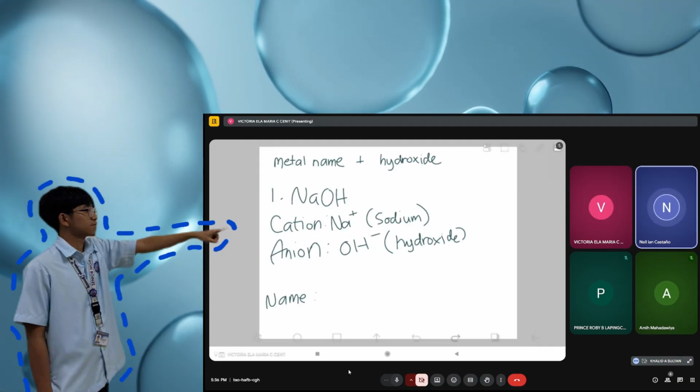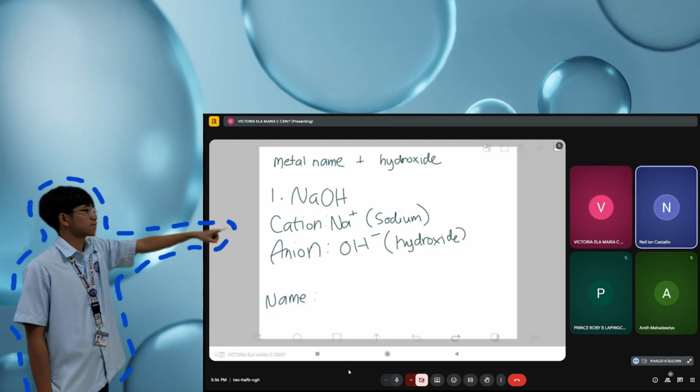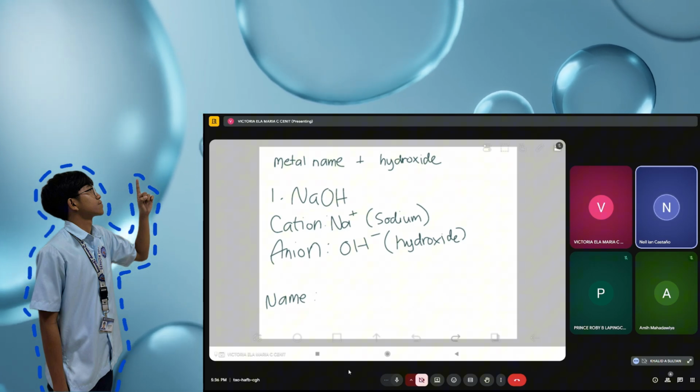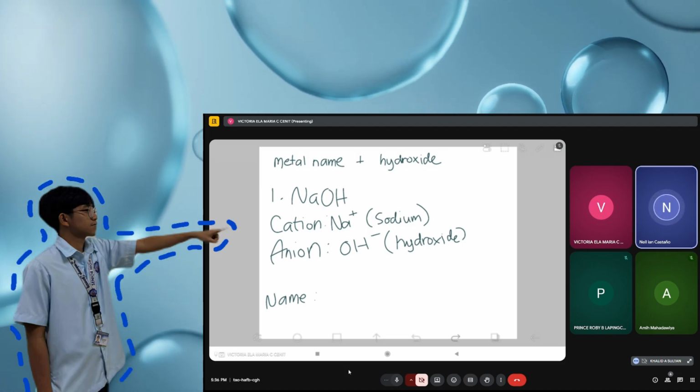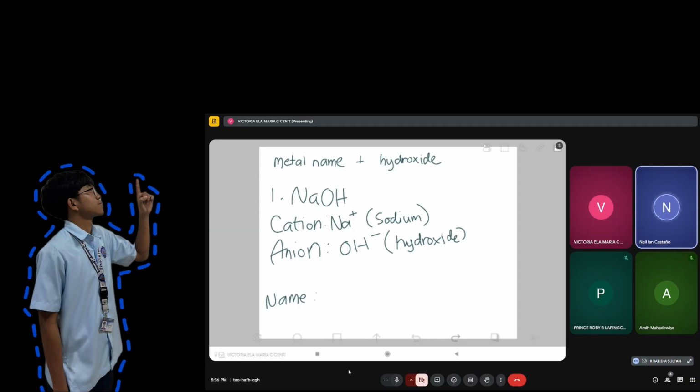For example number 1, we will be using sodium plus OH. The cation goes first, which is sodium, followed by the anion OH negative, which is hydroxide. Now, when combined, it is just sodium hydroxide.